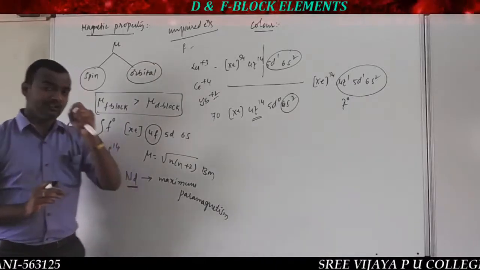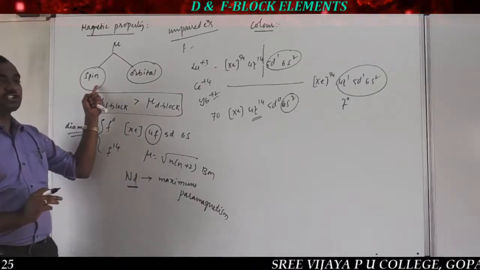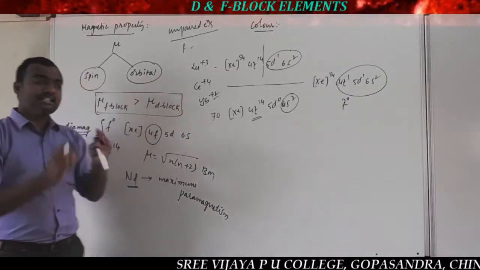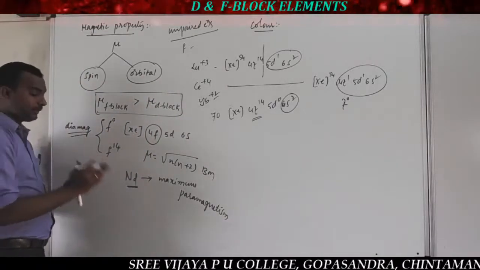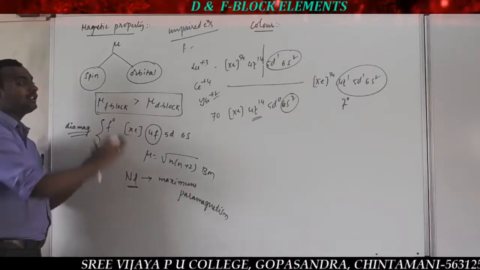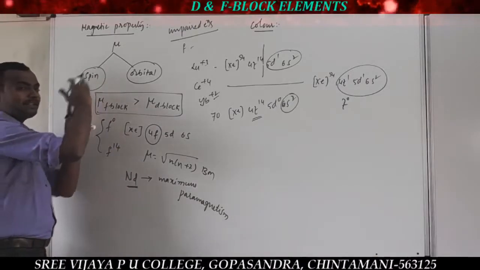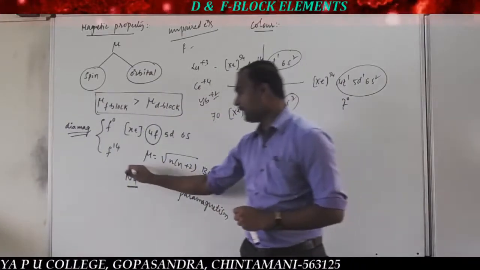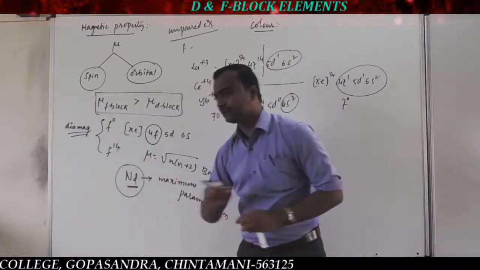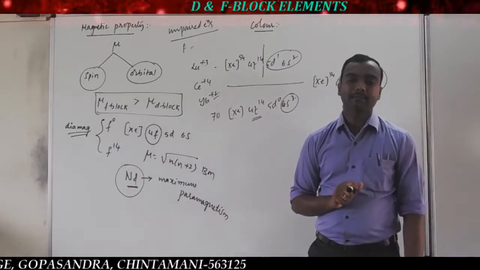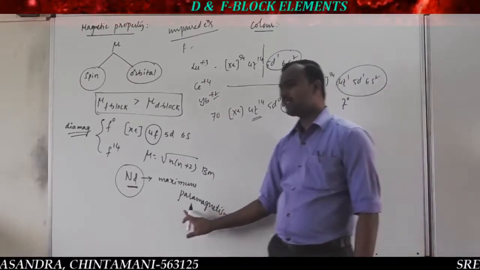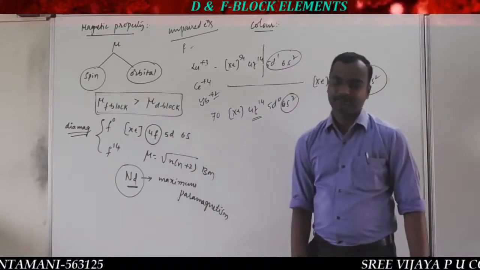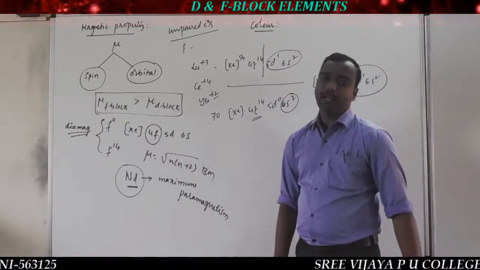So when you calculate the magnetic moment of neodymium by taking both contributions, spin as well as orbital, you get the maximum value. So neodymium is one of the lanthanides that shows the maximum paramagnetism. Maximum paramagnetism means both these contributions are high. So that is about the concept of magnetic property.